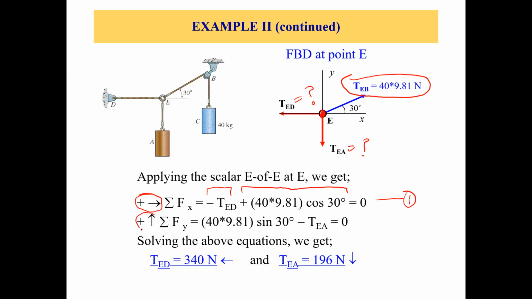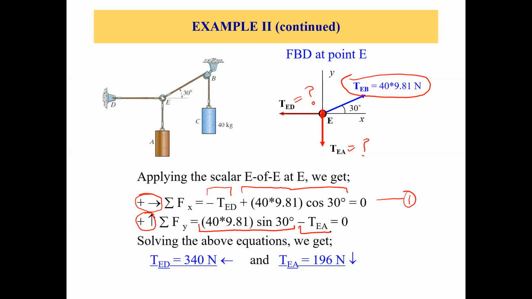Now let's go to the second equation, which is sigma Fy equals 0. First of all, again, the sign convention, which is a must, upward positive. How many forces in the y direction? We have TEA and the y component of TEB. The y component of TEB is acting upward, so it's positive. This is TEB times sine of 30 degrees, a positive force. Then TEA is also a y force and it's acting downwards, so it's negative.